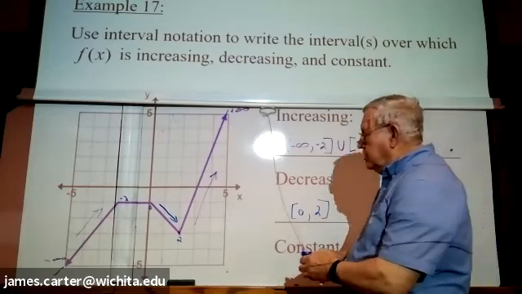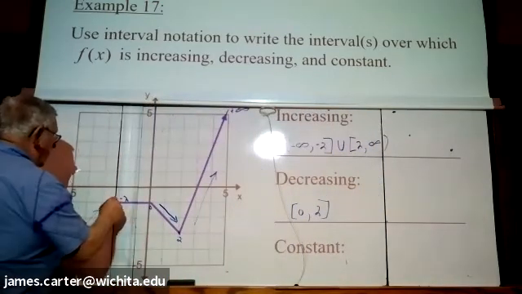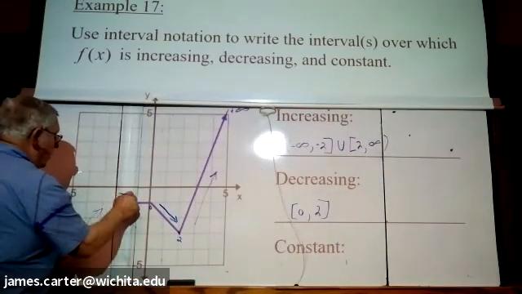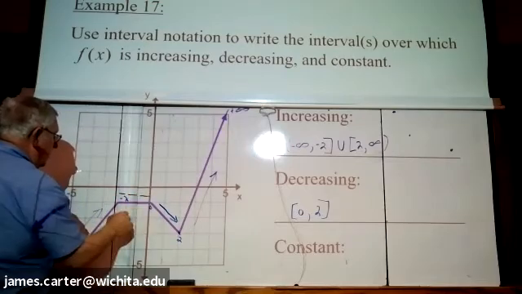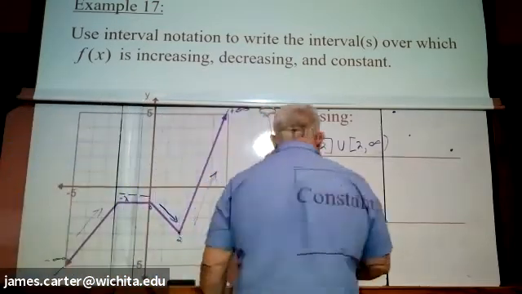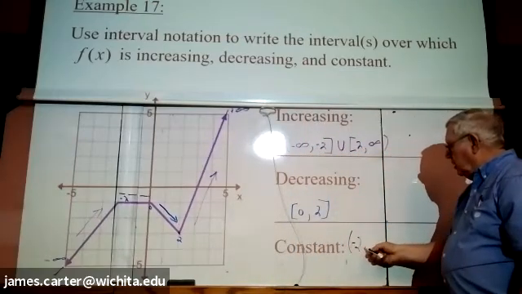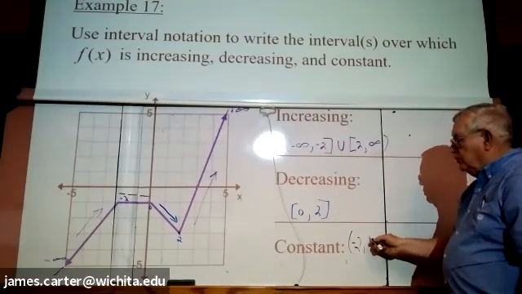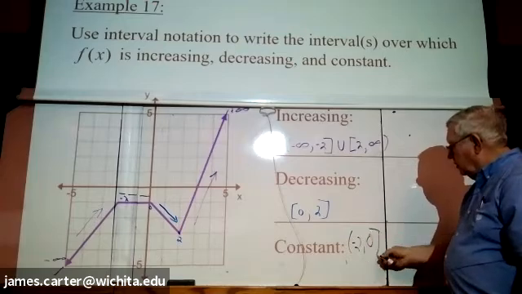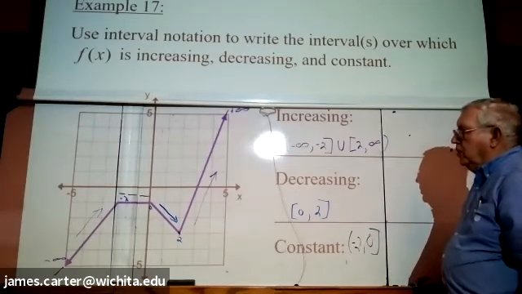Where is it constant? Well, it's constant from here to there. Okay? So in other words, from -2 inclusive to 0 inclusive. So that would be your answers on this one.